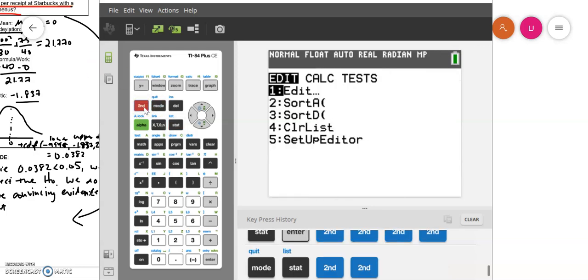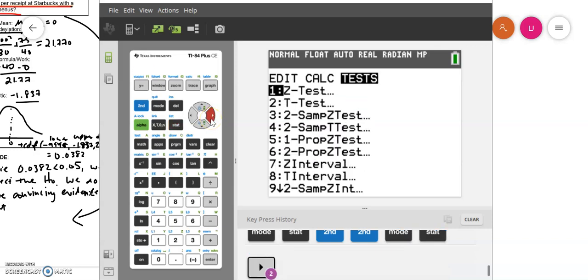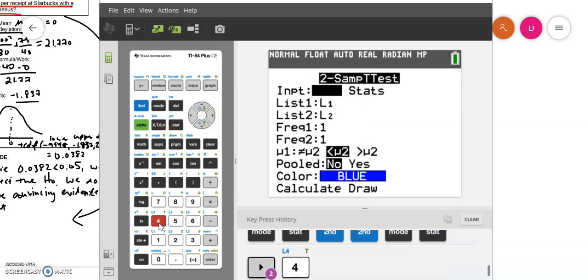Oh no, what's going on? Quit. When I go to my test, scrolling over to test number 4, I can choose my data option because I don't need to calculate my mean or my standard deviation or anything now. I have my lists in. I believe for this test we wanted greater than.